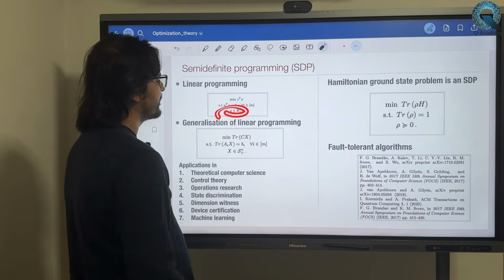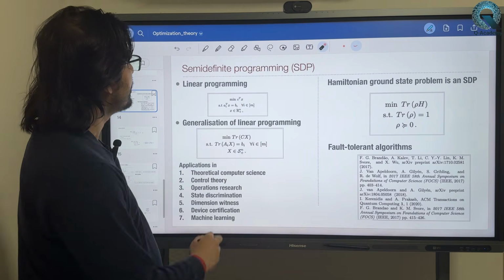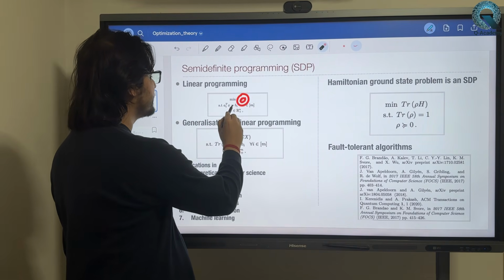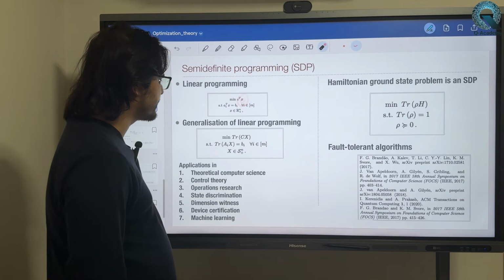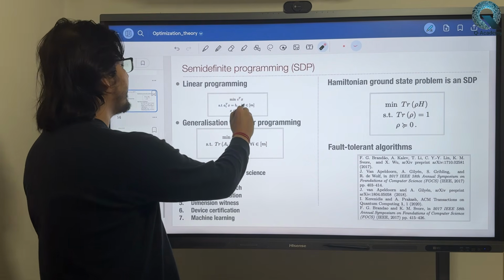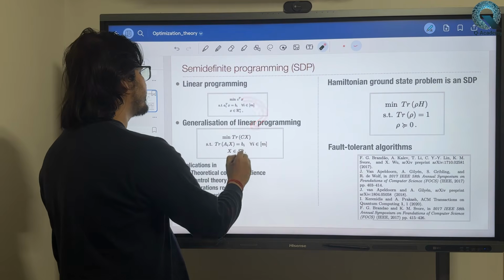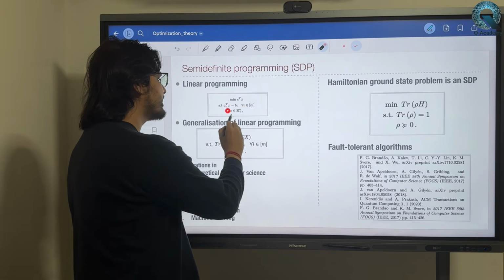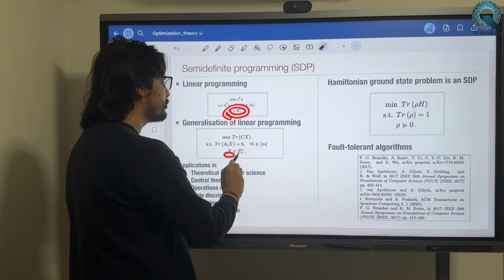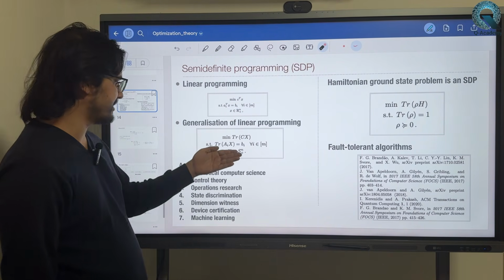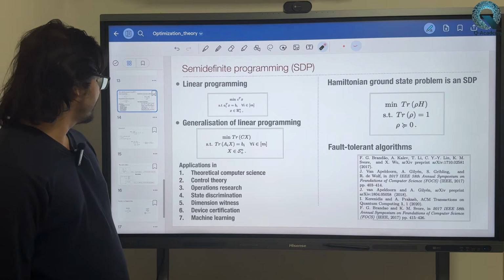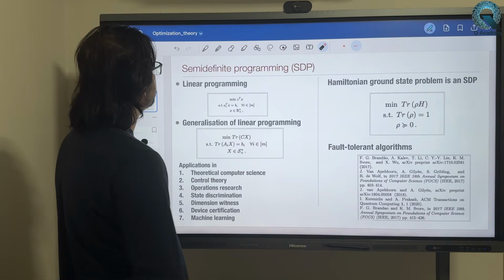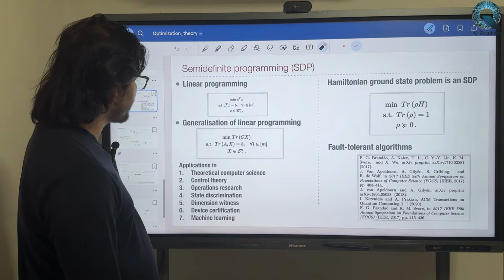And x is non-negative. Now you take your decision variable x, which is a vector, and replace it by a matrix decision variable. Here x belongs to R^n plus. Instead, if x belongs to the set of positive semi-definite matrices, then what you have is this beautiful object called a semi-definite program.